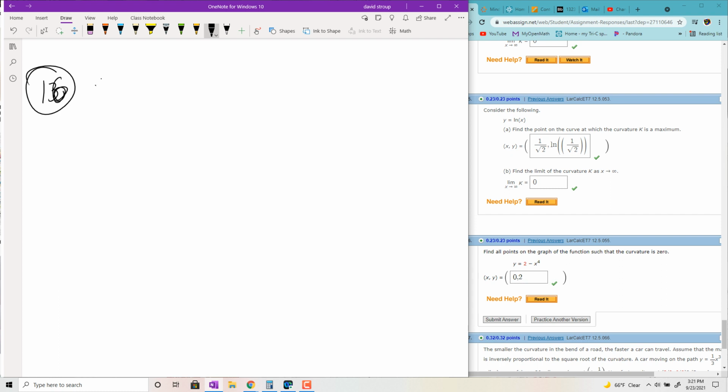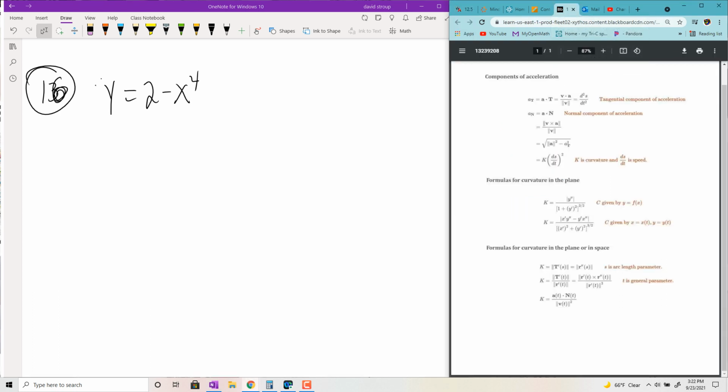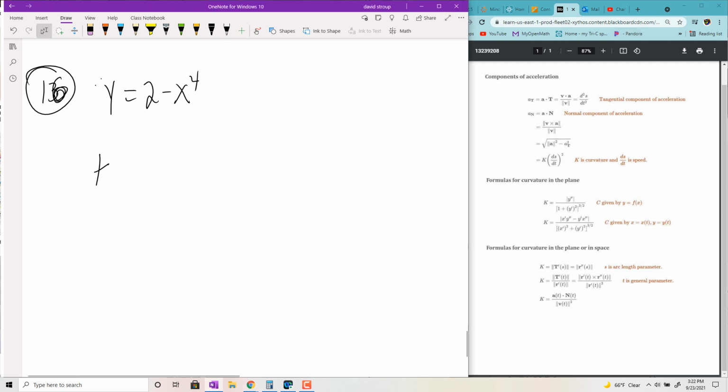16. Okay. So this time they give you y equals 2 minus x to the fourth. They want you to find all points on the graph of the function such that the curvature is 0. So basically you need to build a curvature function in terms of x, and then you could go from there. The formula is the absolute value of y double prime all over 1 plus y prime squared, all that to the 3 halves.